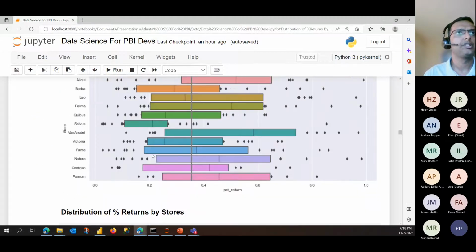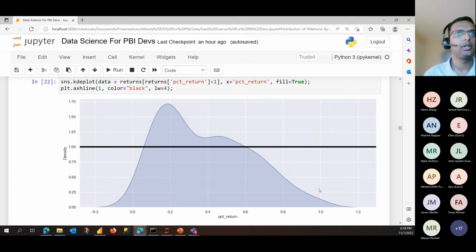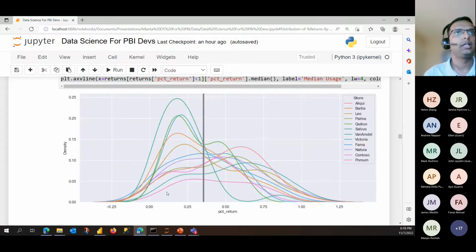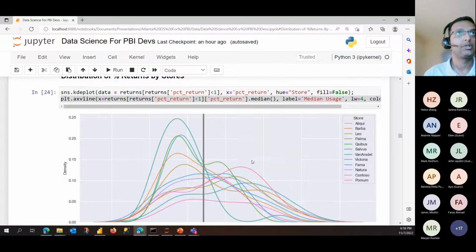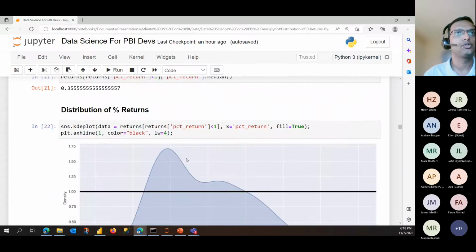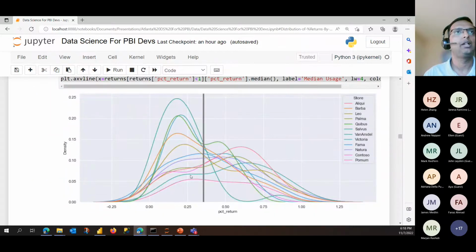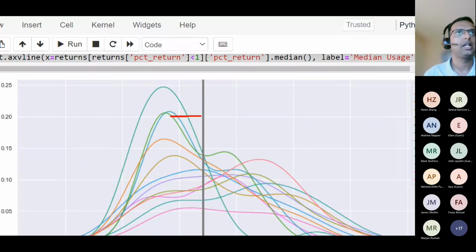So what I did was, this is the overall distribution. What if I break down that distribution by the store, right? This was the aggregate considering all the stores. What if I break it down by different stores? And we get the same picture. So there are stores that are on the left-hand side, and then there are stores on the right-hand side.